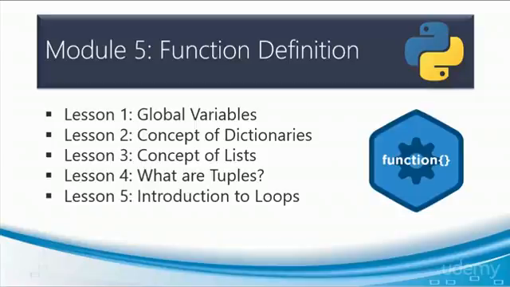Lesson 5 is Introduction to Loops. This is important because loops become more and more important as you program things. For instance, if you were to play a number game, the first prompt or input is to enter a number that you want to guess. If you guess the number incorrectly, it will prompt you again for a new number.